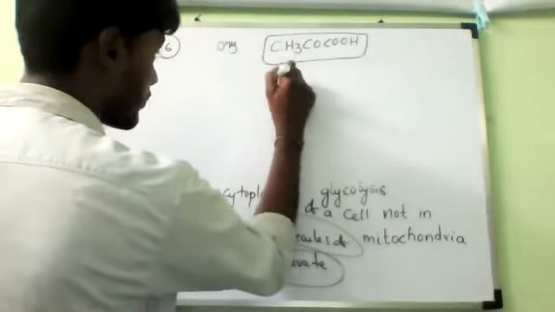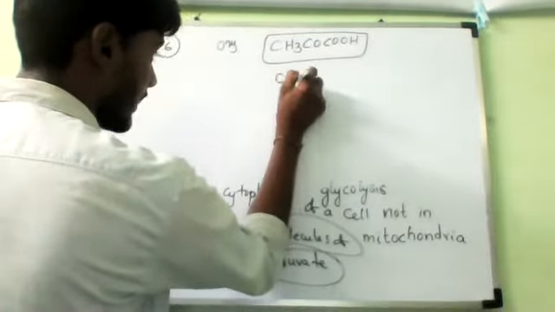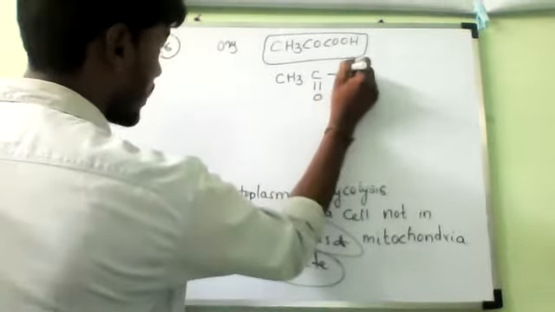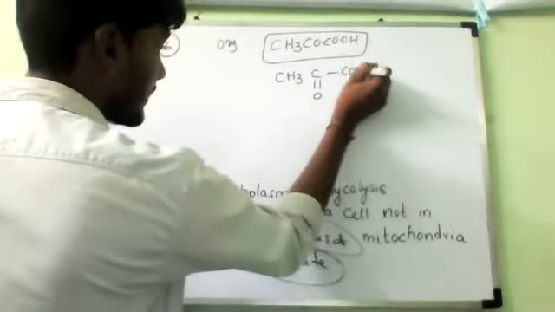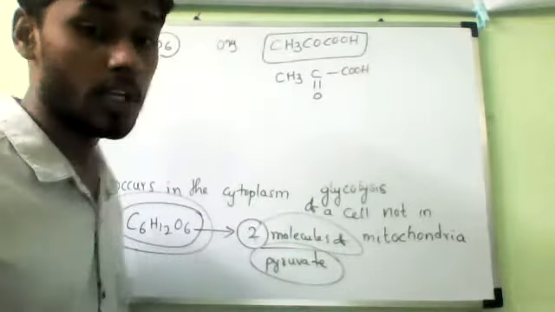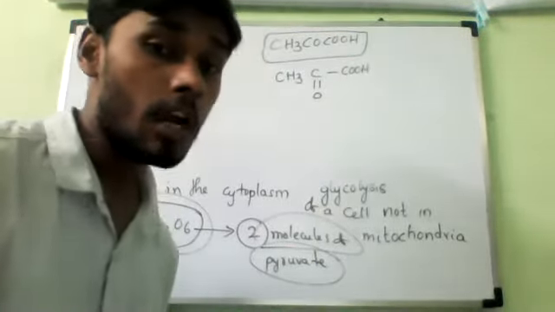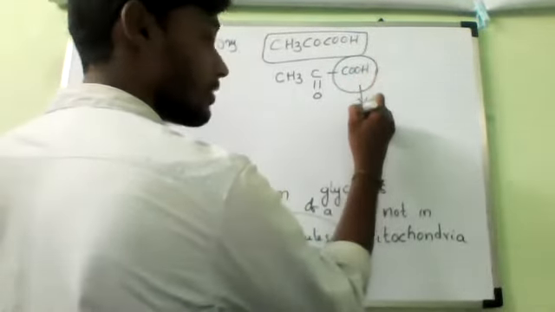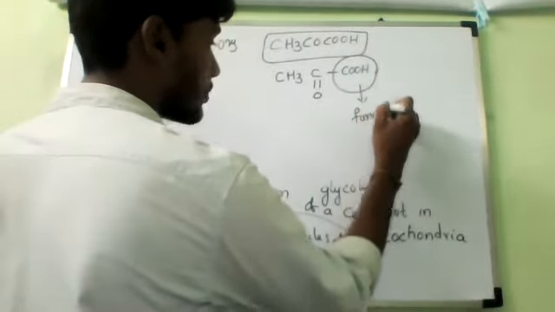It is also represented like this, CH3, C double bond O. You can understand this only once I teach carbon compounds. And this COOH is called a functional group. You need not worry now. If you don't know, no need to worry.